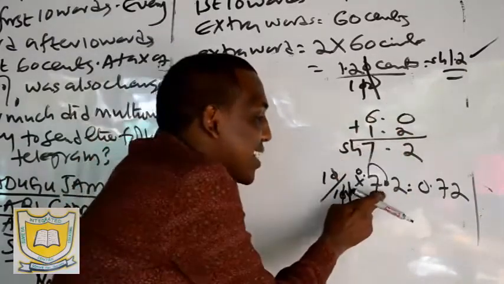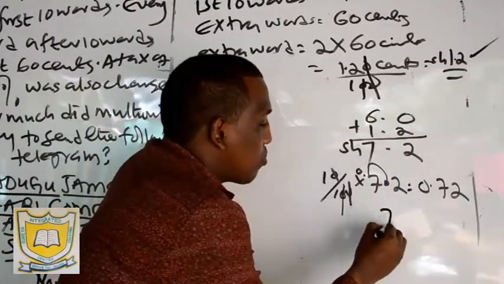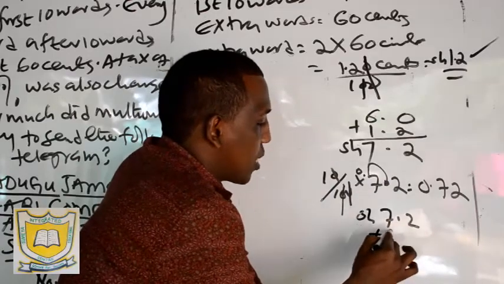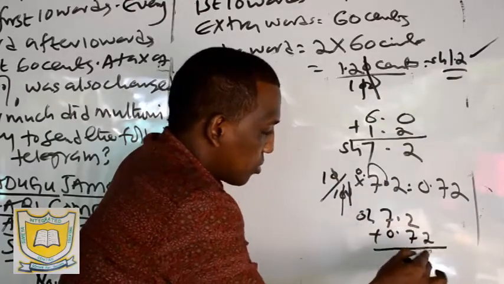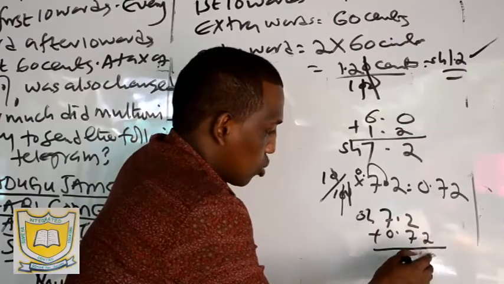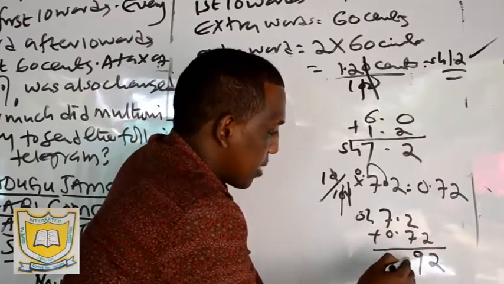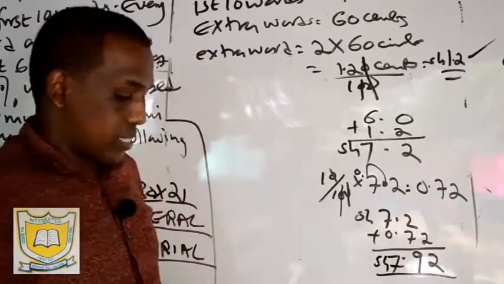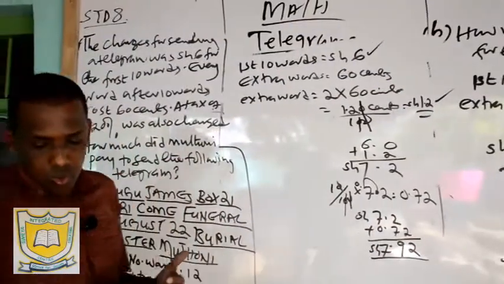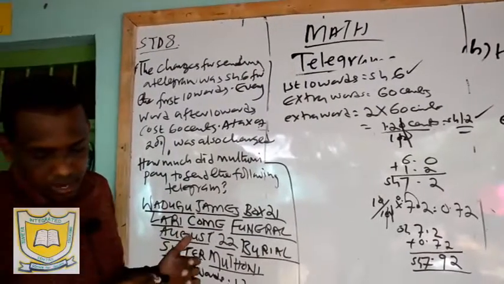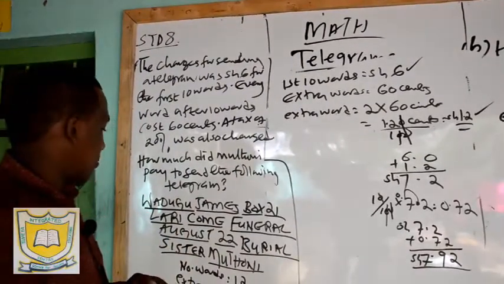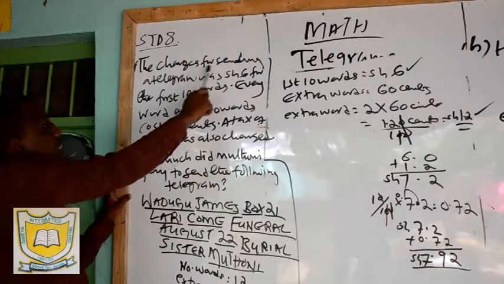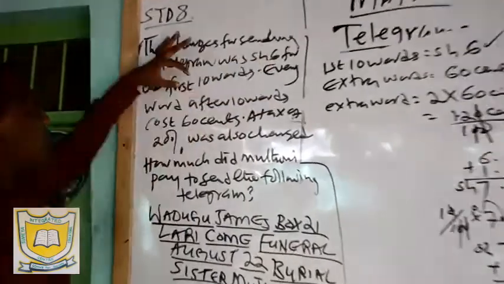We re-add the total amount. So 7.2 plus 0.72 gives 7.92 shillings.